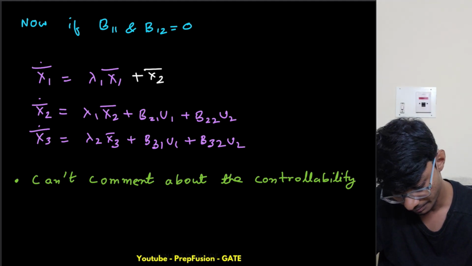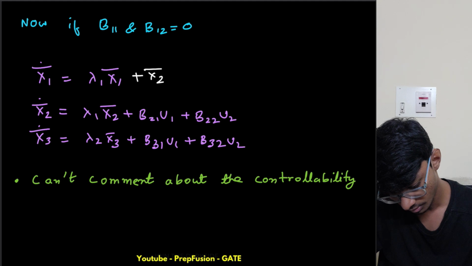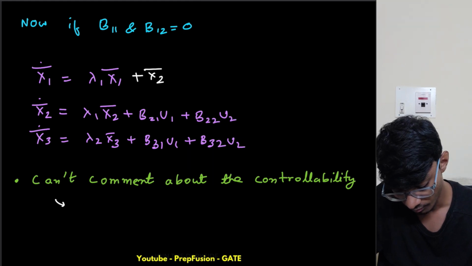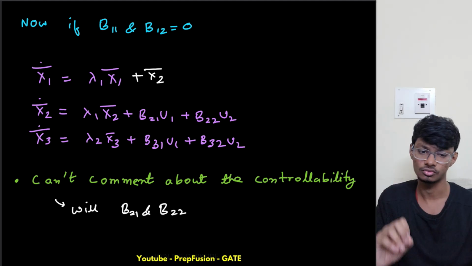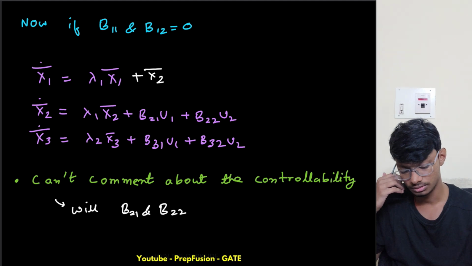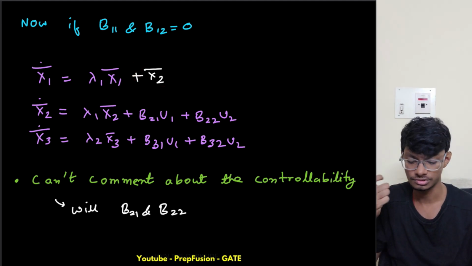It will depend on b21 and b22, right? If they are also 0, then this will not be a function of input also.